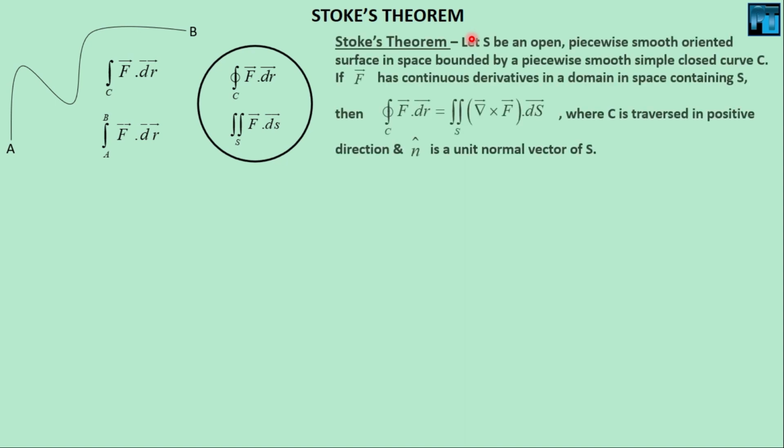It says: if S is an open, piecewise smooth oriented surface in space bounded by a piecewise smooth simple closed curve C, and F has continuous derivatives in the domain containing that surface S, then we have the relation between the closed line integral and the open surface integral as this one.